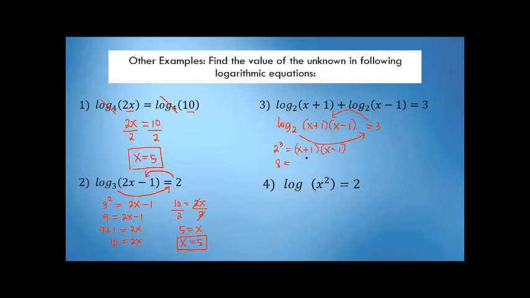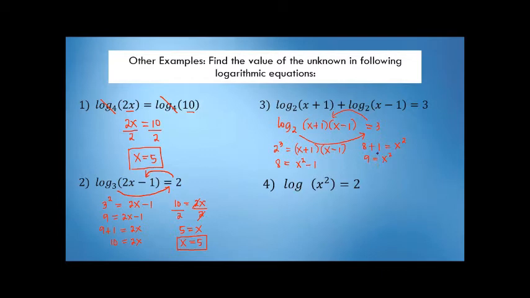Then this is multiplication of binomial. That is x squared minus 1. Then, combine natin yung x at saka negative 1. Kung tatranspose natin yan sa kabila, that is magiging plus 1. That is 8 plus 1 is equals to x squared. That is 9 is equals to x squared.